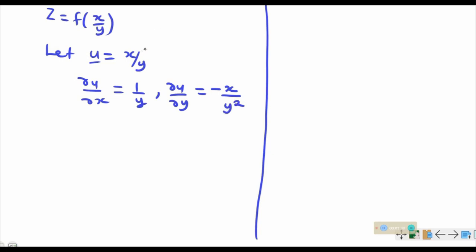So when you differentiate 1 upon y, this is same as differentiating y to power negative 1, and this will give you negative 1 upon y squared. But there is this x here, so that's why we have this.